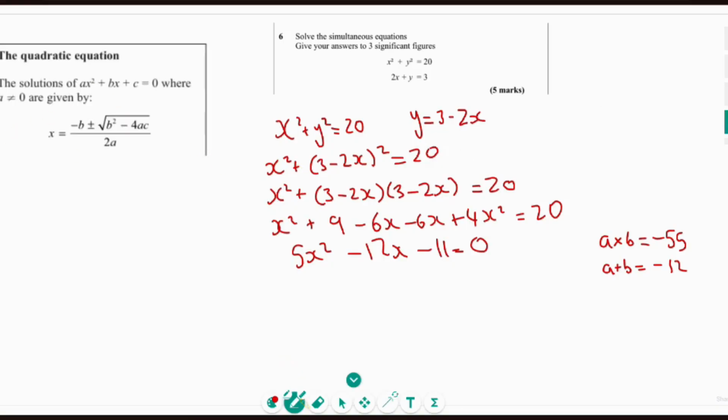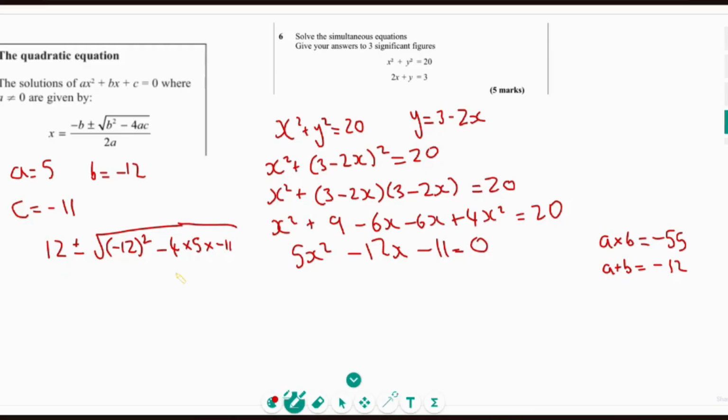So a is 5, because we've got 5x squared. B is negative 12. C is negative 11. We've got minus b. Minus 12 is positive 12. Don't forget, because you've got a negative b, when you put in your calculator, it needs to be in brackets. Over 2a.